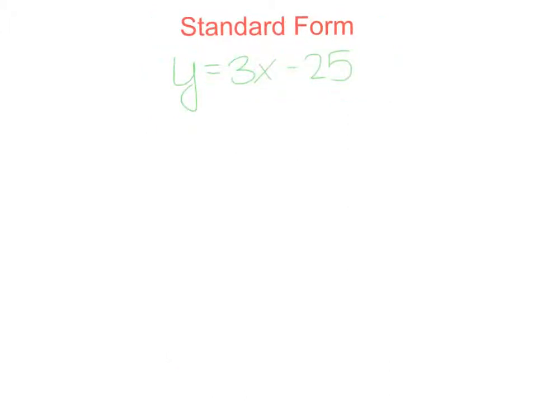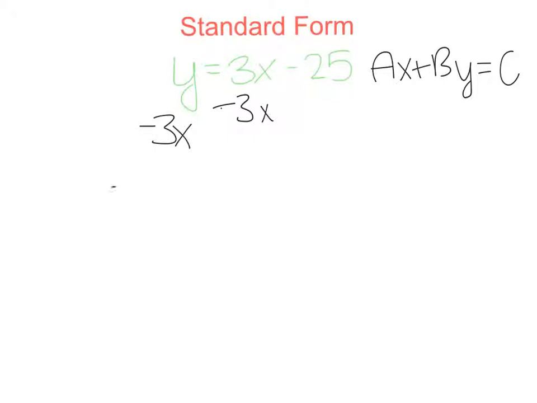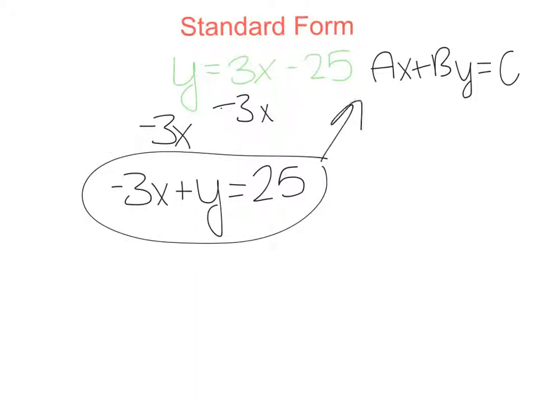To put the equation into standard form, it has to fit ax plus by is equal to c. So first we subtract 3x to get the x on the other side, so we have negative 3x plus y is equal to 25. And you can see this fits the equation.